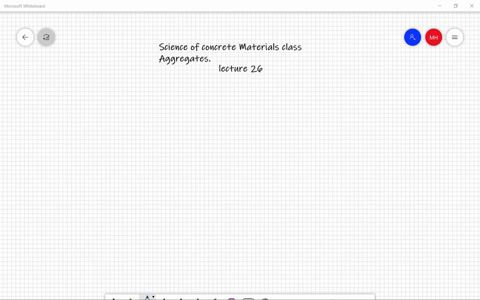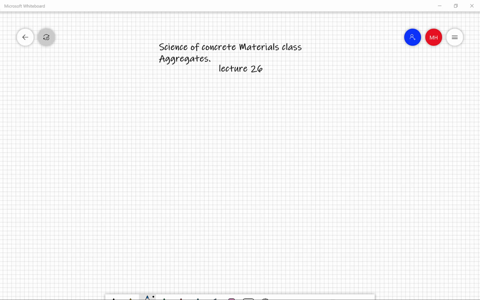As mentioned before in lecture number 24, I'm going to elaborate on a couple of topics regarding the calculations of some of the aggregate parameters basically used for mix design calculations, which are the determination of the specific gravity, the moisture content, and the unit weight.